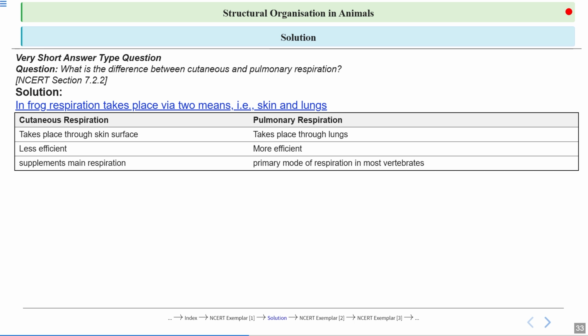Cutaneous respiration takes place through the skin surface. And why is it taking place through the skin surface? Because the skin is very, very thin, and below the thin skin, it is highly vascularized. Highly vascularized means a lot of blood capillaries are present just below the skin.